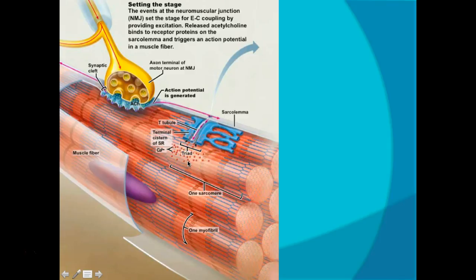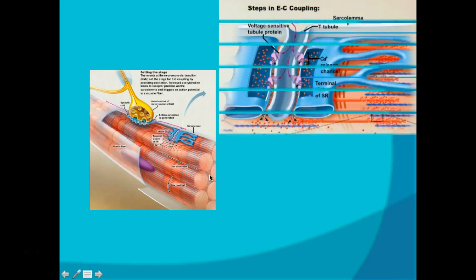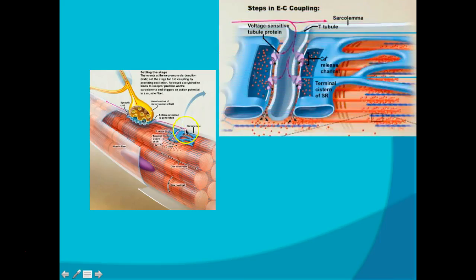And our myofibrils are going to be made up of a bunch of sarcomeres that contain our actin filaments and our myosin filaments. So I'm going to close up here to what's going on in this area.